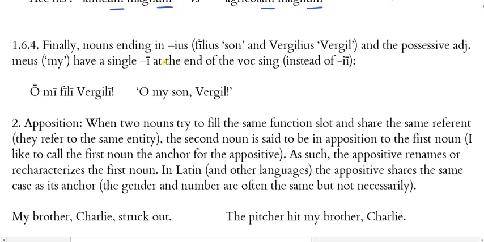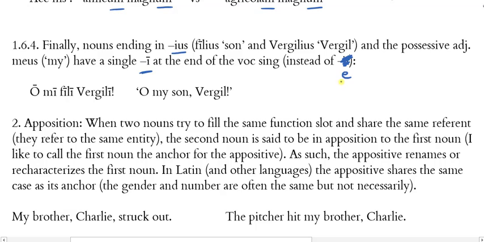Okay, a final comment here about our forms. And that is, if you have second declension masculine nouns ending in ius, like filius, son, and Vergilius, Virgil, and then also the possessive adjective meus, my, whenever we have a vocative singular ending, we're going to use the long i here, and actually I've got a mistake here. This was supposed to be e, right? So our vocative singular form, we might have expected the e, right?